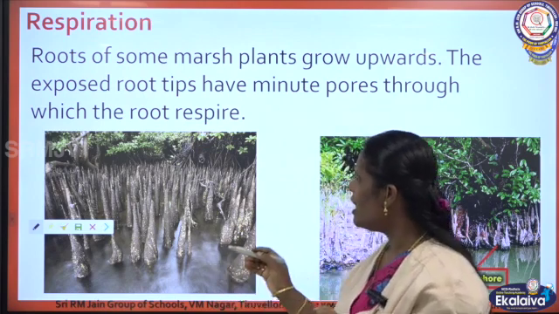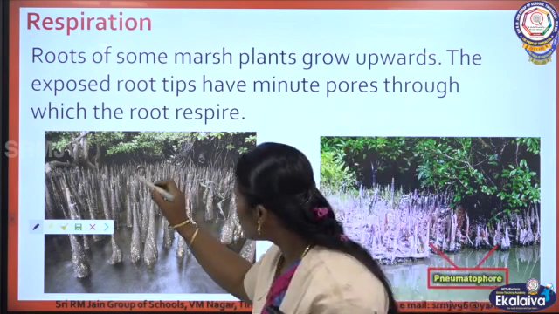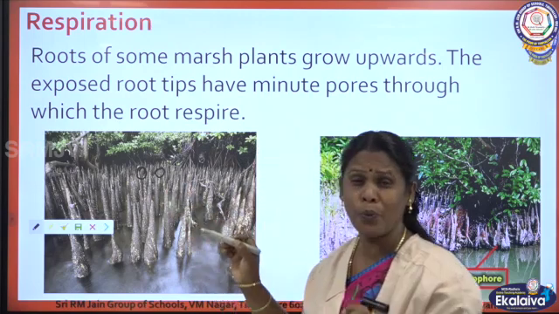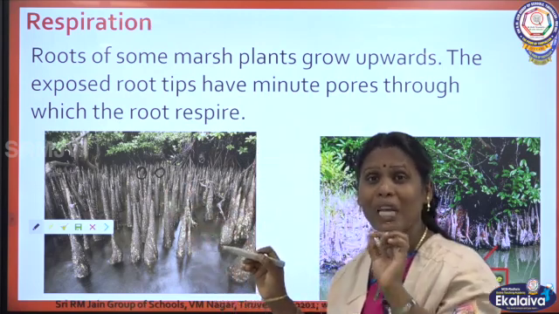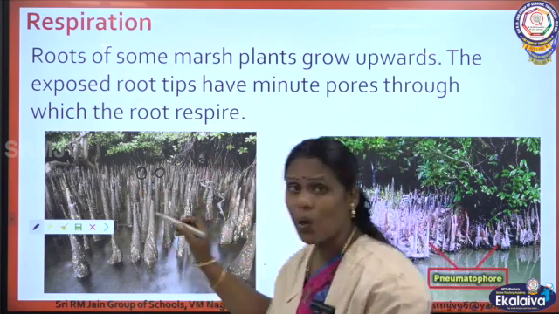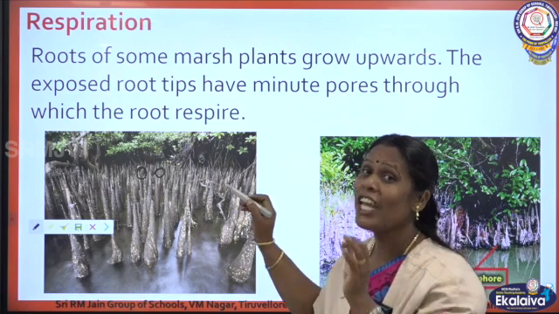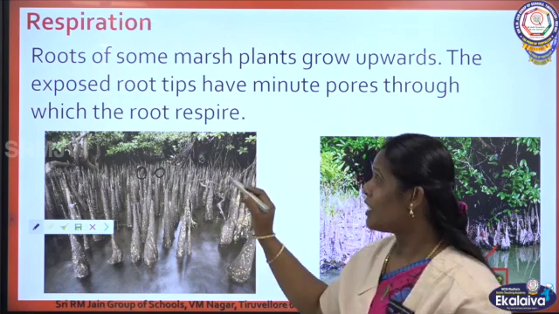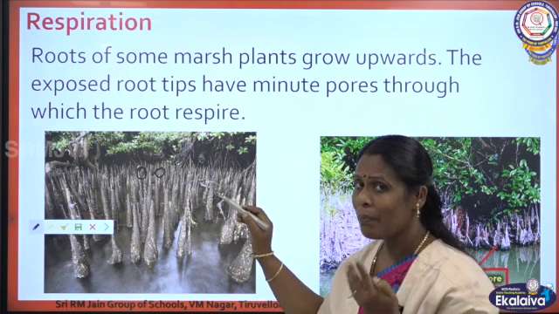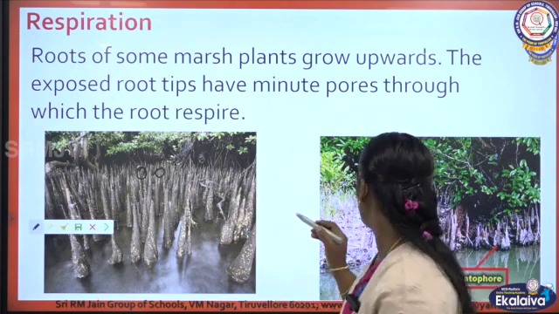So, here in the tip of the root, okay, it has minute pores. Through the pores, it respires. So, these are called breathing roots. Here, these roots are modified to breathe, okay.